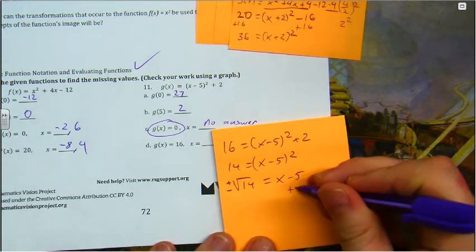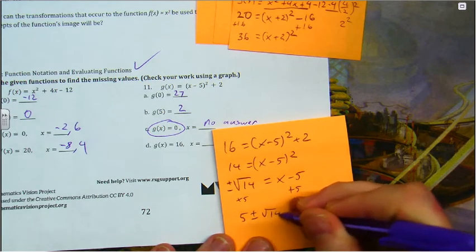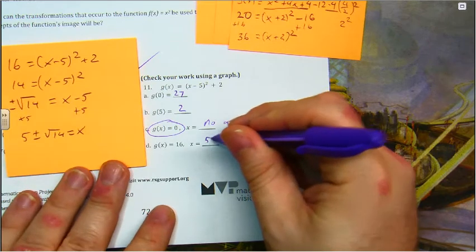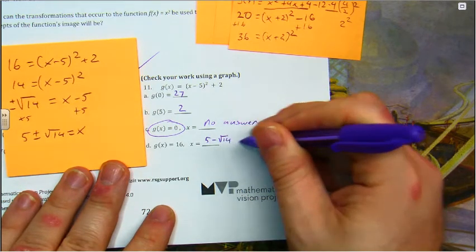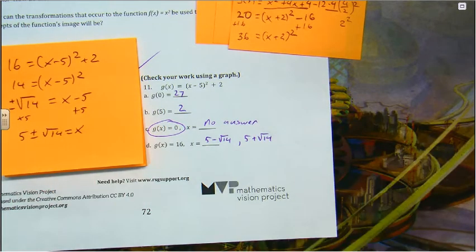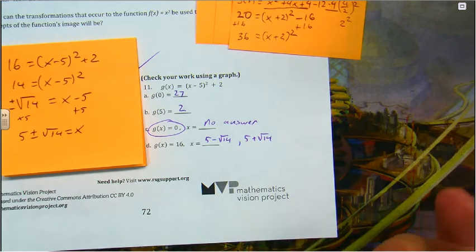Let's add 5, so 5 plus or minus the square root of 14 is x. So our answers are 5 minus the square root of 14 and 5 plus the square root of 14. And we can estimate how much the square root of 14 is, right? We know the square root of 9 is 3, and we know the square root of 16 is 4. So it's between 3 and 4, possibly closer to 4 than 3.